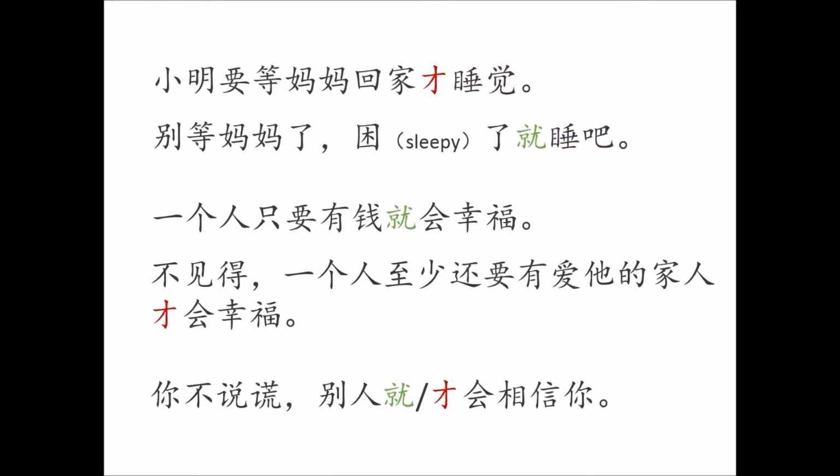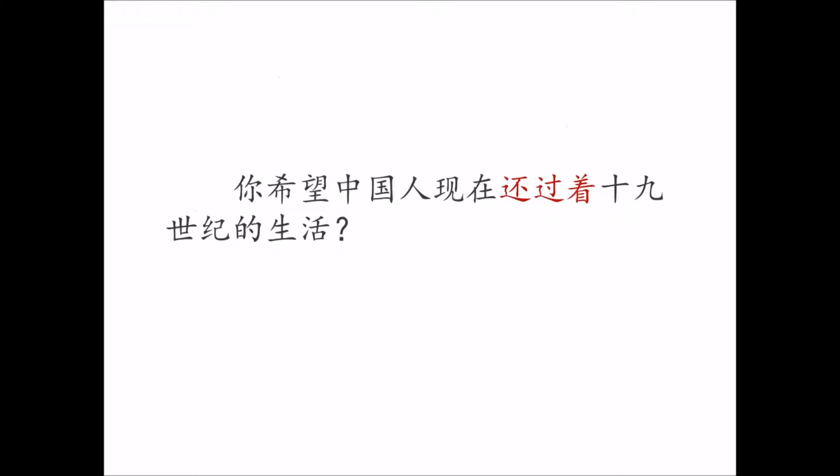好，读一读下面这句话。Read this sentence and try to figure out the difference when you use 就 and 才。你希望中国人现在还过着19世纪的生活？着 is used after an adjective or verb to indicate a duration of an action.